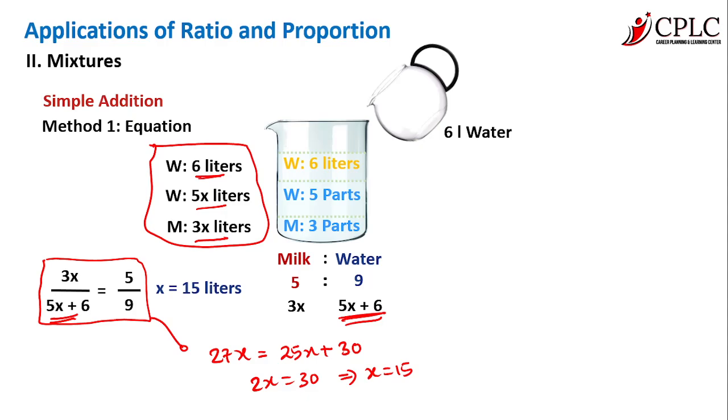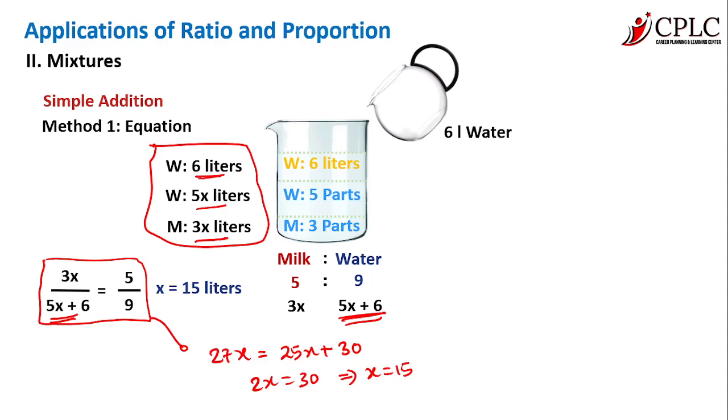Now if I want to find out the solution present originally, I have to stick to the original ratio. If you remember, the original ratio of milk and water was 3 is to 5, which is what is given in the data. So that is 3x of milk and 5x of water.